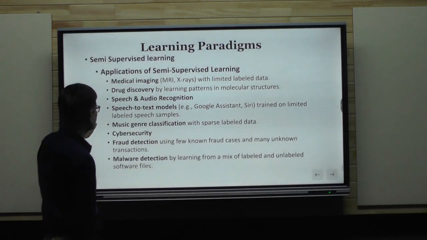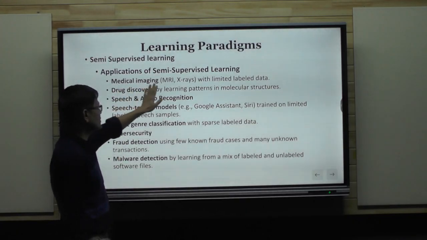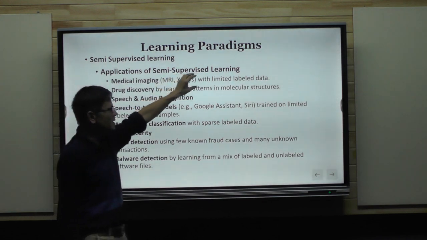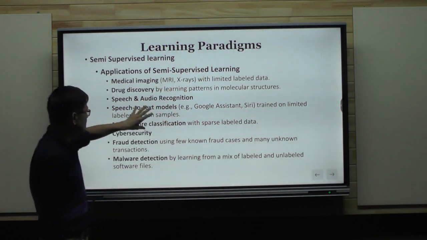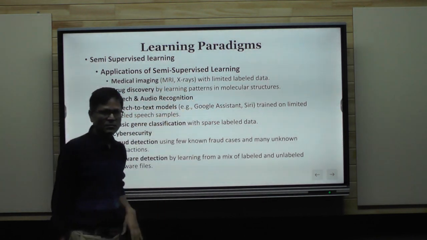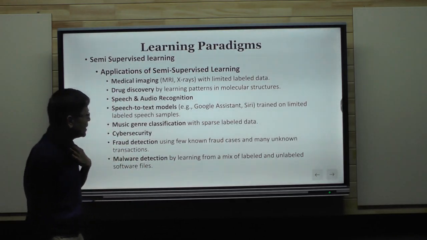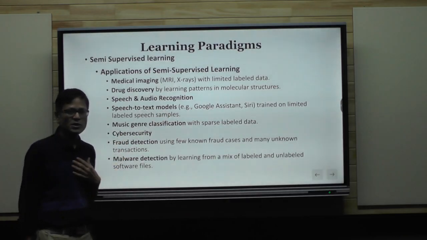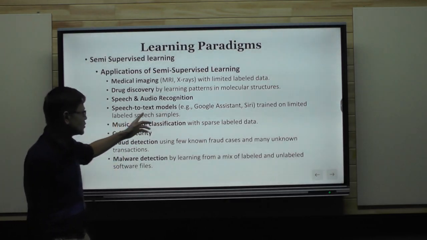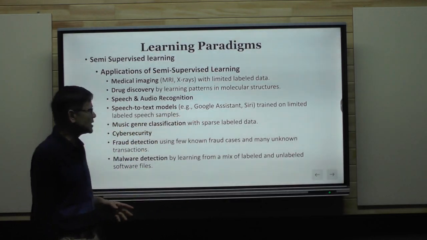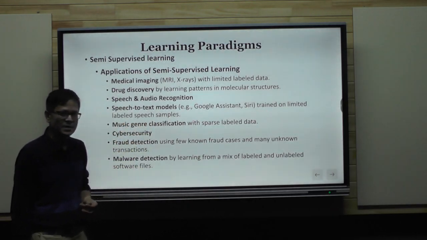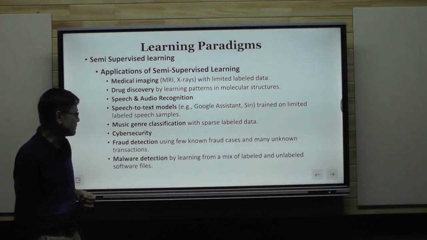We can also use semi-supervised learning in medical imaging like MRIs and X-rays, where we have limited labeled data. Drug discovery by learning patterns in molecular structure. Speech and audio recognition, text-to-speech models like Google Assistant and Siri, trained on limited labeled speech samples.